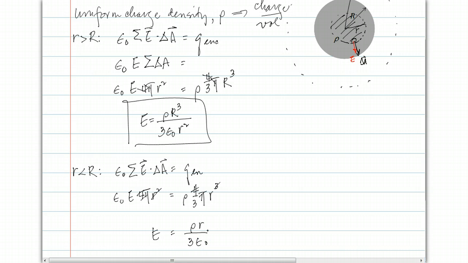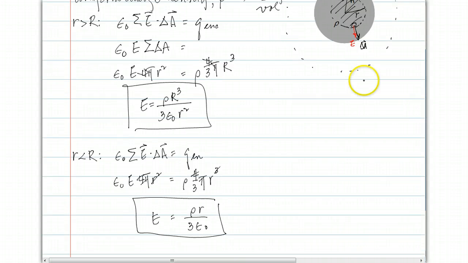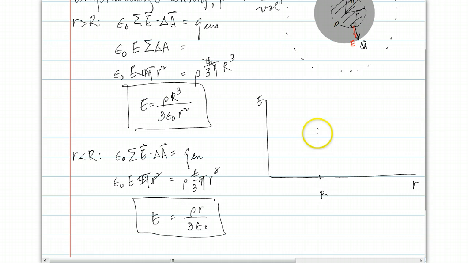Again, we see that it is dimensionally correct. If we were to plot the magnitude of the electric field as a function of r, and here's big R, we see that from 0 to big R we have a linear electric field.